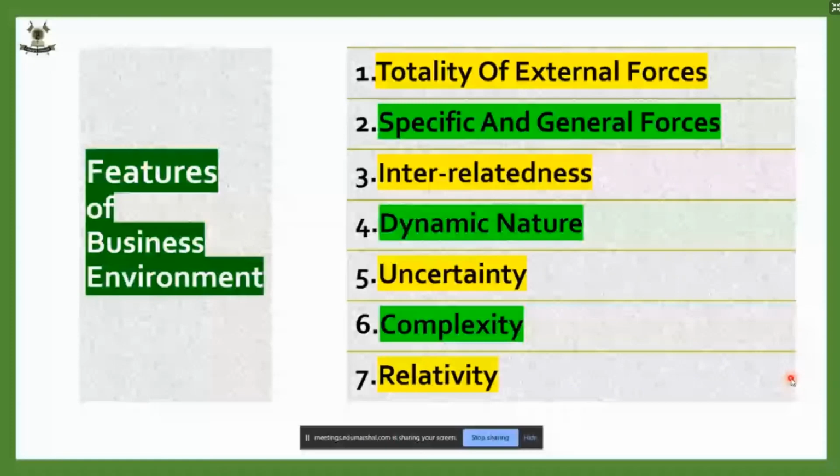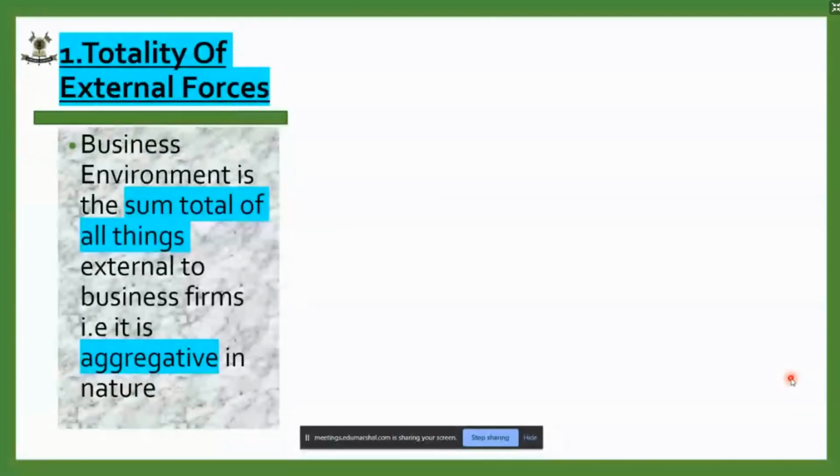Let's come back to the features of business environment, children. The first feature is totality. Total means sum total. They say that business environment is a totality concept, an aggregator. Aggregator means sum total, bringing all the things together.